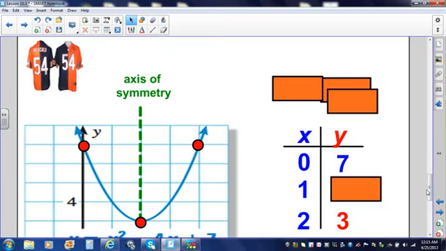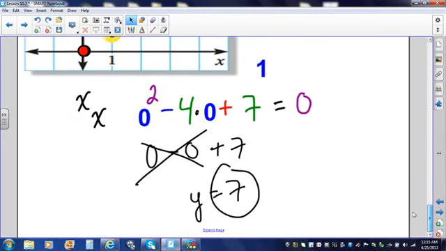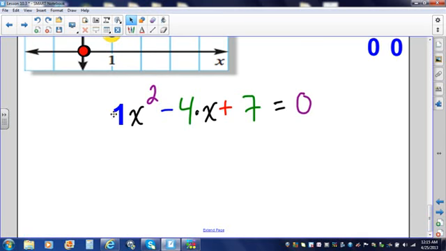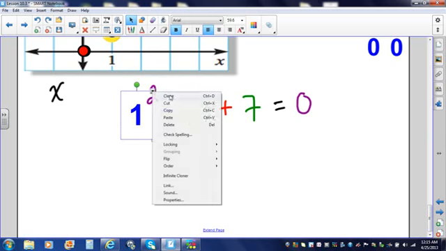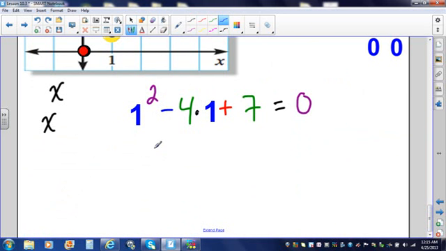Let's plug in 1. Ta-da! So, let me pause this. We're going to plug and chug 1 everywhere we see x. Substitute. Nice. 1 squared means 1 times 1. Nice job. Order of operations.